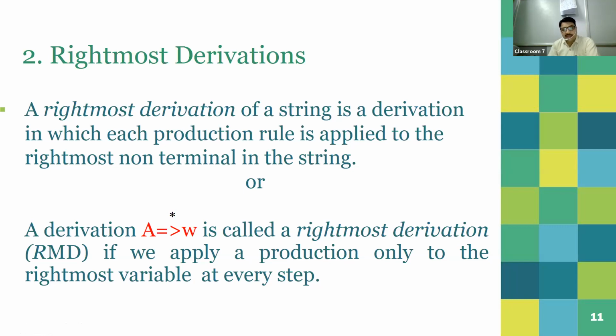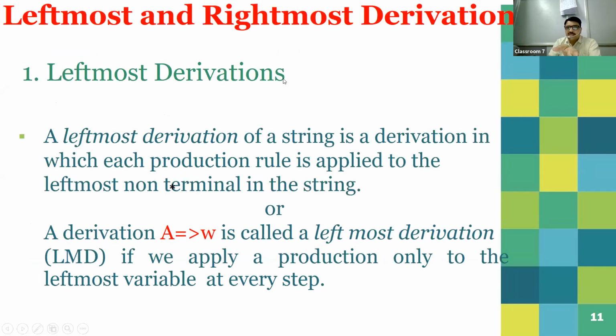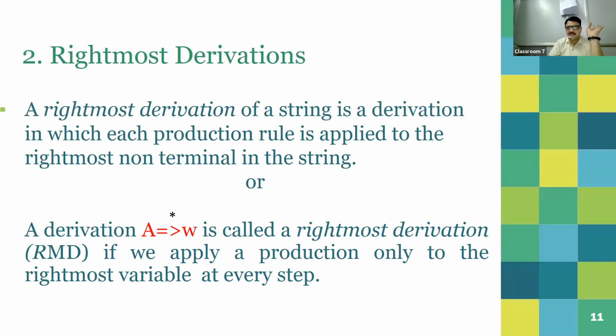We call it rightmost derivative, RMD, if we apply a production only to the rightmost variable at each and every step. So both are the same thing, but the difference क्या है कि लेफ्ट मोस्ट डेरिवेटिव के टाइम पर क्या कर रहे हैं हम लोग, वी हैव टू अप्लाई द प्रोडक्शन ओनली द लेफ्ट मोस्ट वेरिएबल, बट इन केस ऑफ द राइट मोस्ट डेरिवेटिव वी हैव टू अप्लाई द प्रोडक्शन ओनली द राइट मोस्ट वेरिएबल. This is the only difference, left and right.